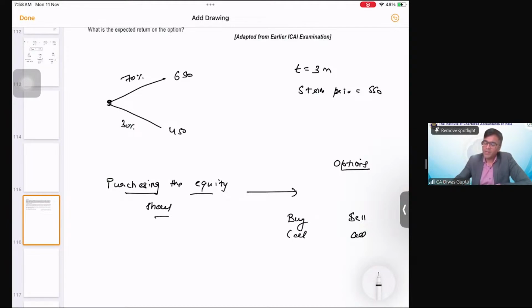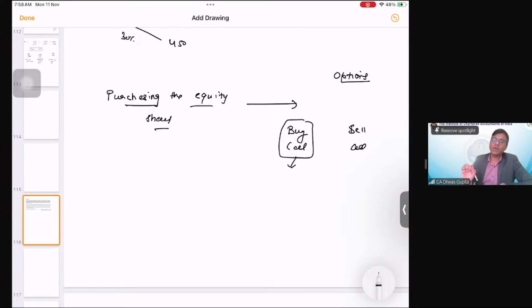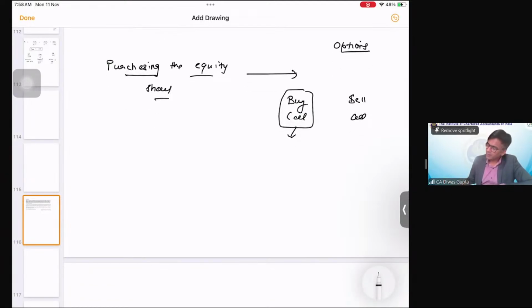So the investor is speculating that the prices might go up and hence he might buy the shares. So buying the shares is equal to buying a call option. I'm not saying equal in the sense of commercial aspect, but in the sense of the risk of upside or downside, right?